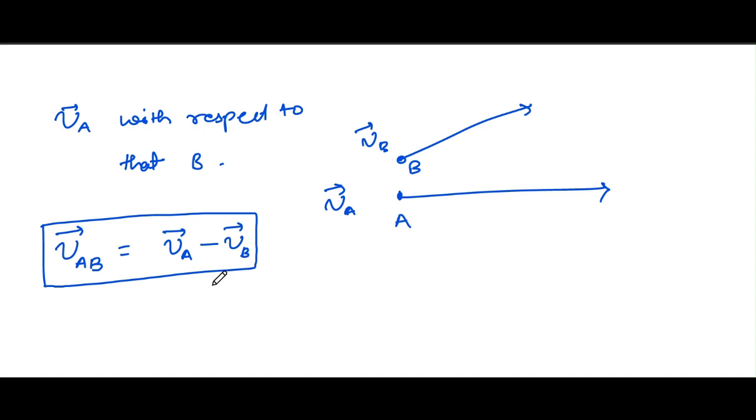And of course, here also we can use the same technique. Here also we can resolve these velocity vectors into their components, and we can simply subtract them, and then we can combine them to get the resultant one. And there is one more thing. If we write velocity of body B relative to that of body A, this will be VB minus VA.